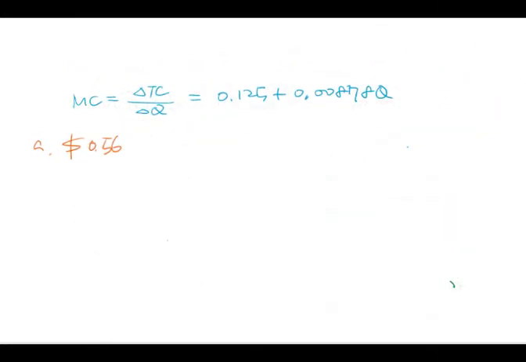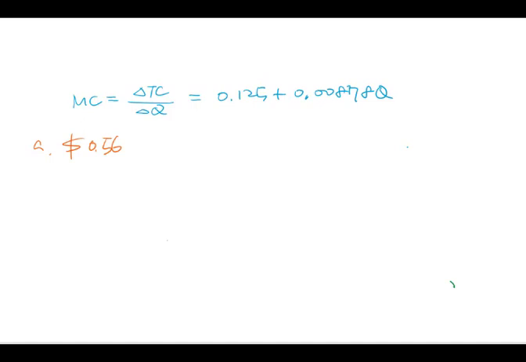Okay, so in question A, we found that the additional cost from quantity Q equal 50 to 51 is 56 cents, or $0.56. Question B asks, of what use might the result in part A be to the plant's managers? The answer can be that the marginal cost is useful for determining the profit maximizing level of output.